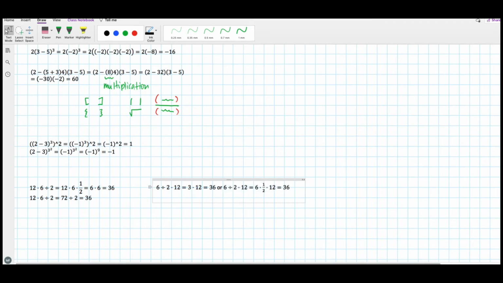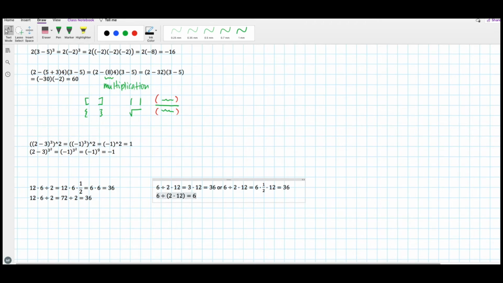What the problem is, there's a lot of people that think multiplication has to come first, so instead they treat it as if it was this. Sorry about that. Okay. So they treat it as if the 2 times 12 part were in parentheses.